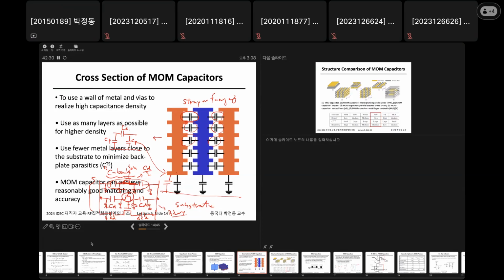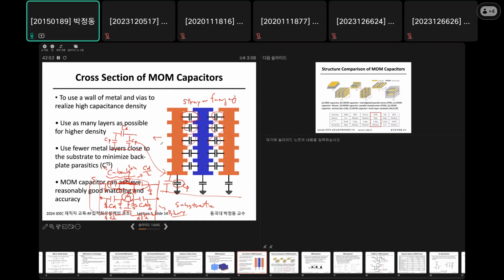This is very bad, right? So especially when you design a capacitor bank, you need to reduce the CP as low as possible. How can you make CP as low as possible?